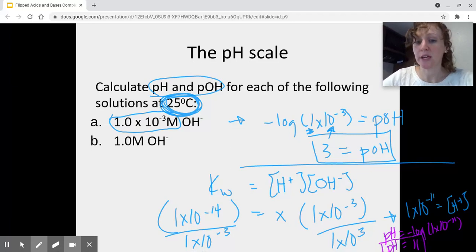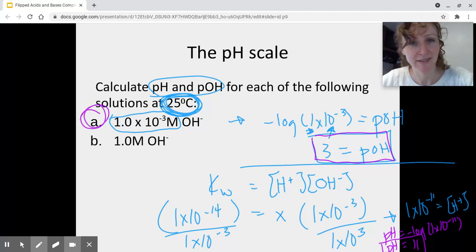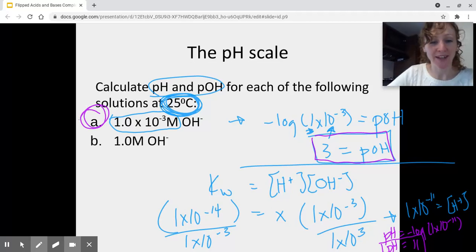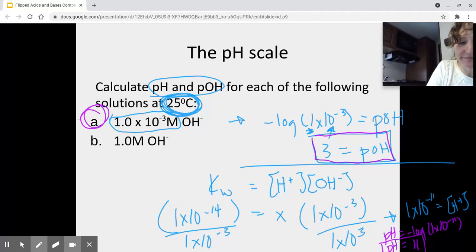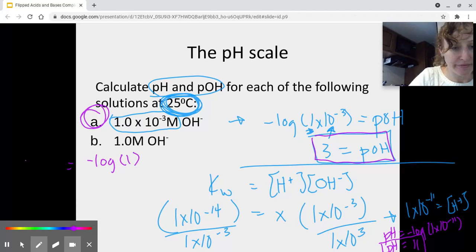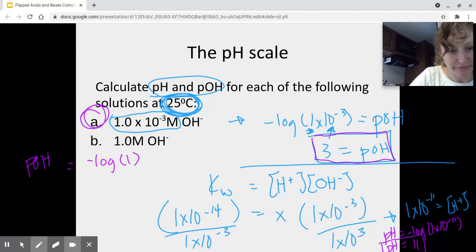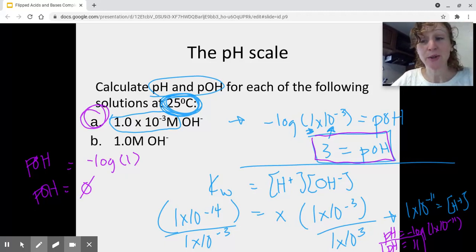Our pOH is 3 for A. So go ahead and try that on B and let me know what you get. Okay, so notice we got a pOH of 0, right?